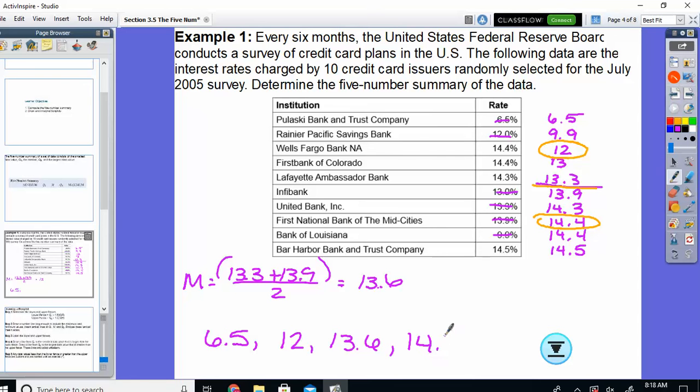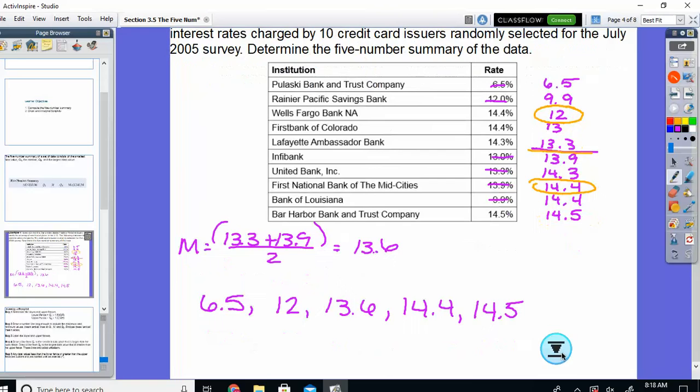Third quartile was the 14.4. And my maximum is 14.5. Yep, it's all stuff we've done before, really, so no new calculations there. All right, so far so good?